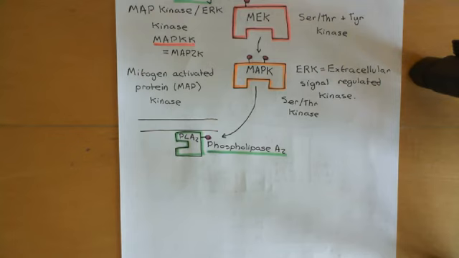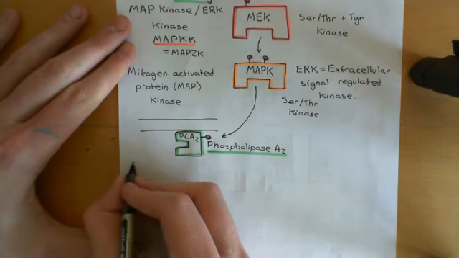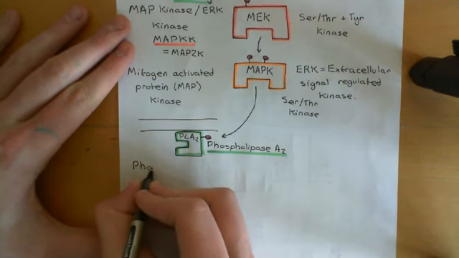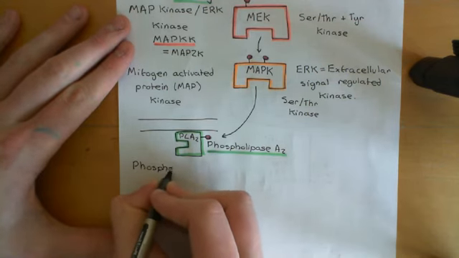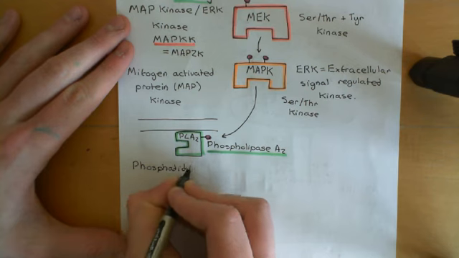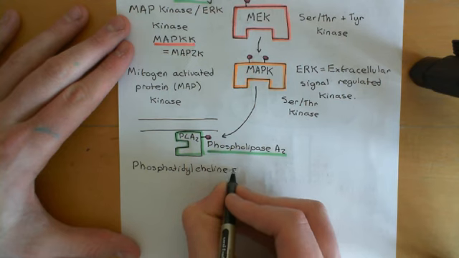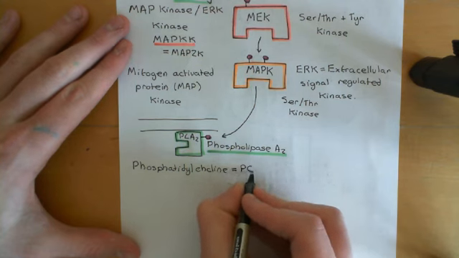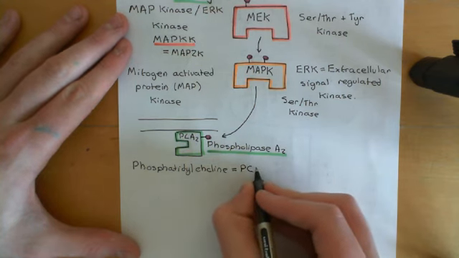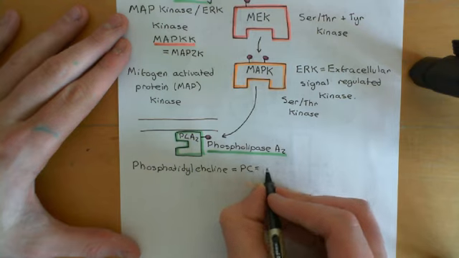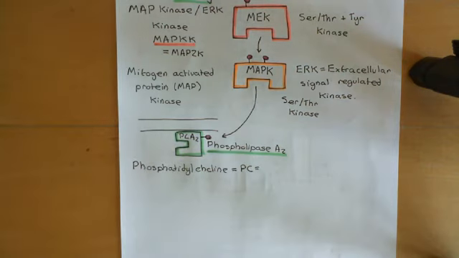The phospholipid that phospholipase A2 is going to work on is the most common phospholipid in the phospholipid bilayer, and it's what is known as phosphatidylcholine. Phosphatidylcholine for short is usually just abbreviated down to PC, so P for phosphatidyl and then C for choline. And because this phospholipid is so important, we'll continue this discussion in the next video.